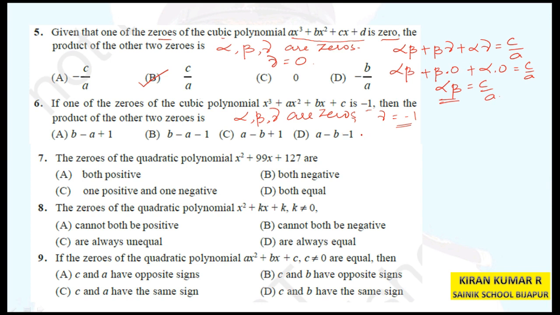We all have learned alpha beta plus beta gamma plus alpha gamma is coefficient of x upon coefficient of x cube. In this question, I'll substitute gamma here.